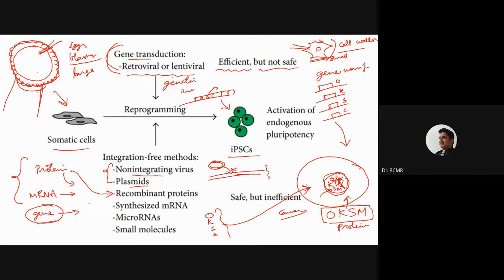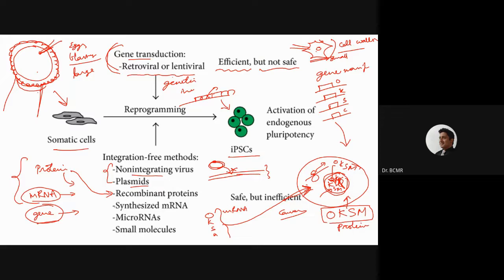Then instead of giving proteins, why not give mRNA? Give the mRNA of them into the cytoplasm, where the ribosomes will bind and produce more of the OKSM proteins. Then we may have sufficient concentrations, and then localization into the nucleus and then reprogramming.